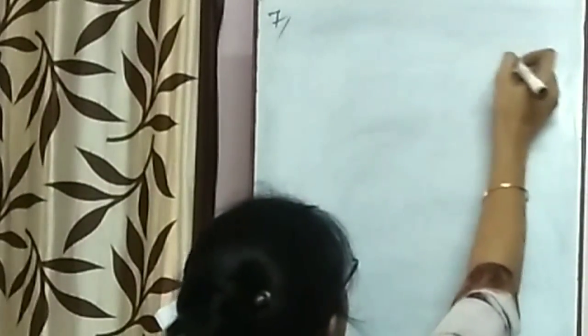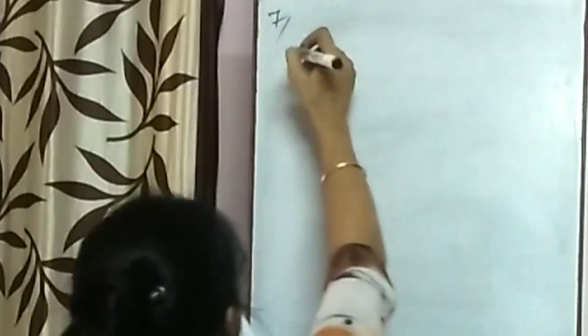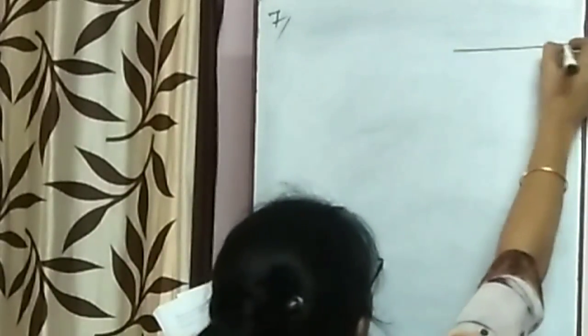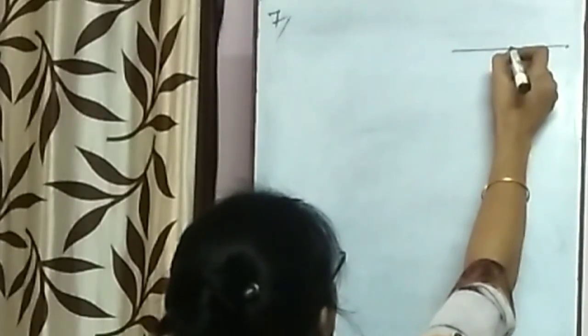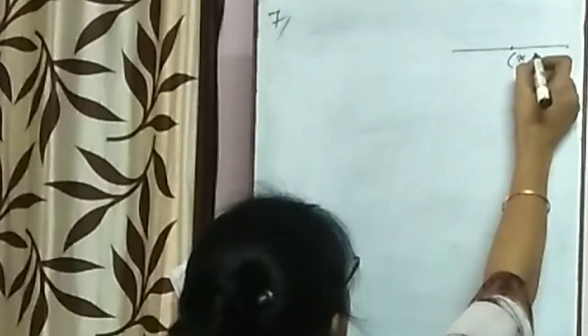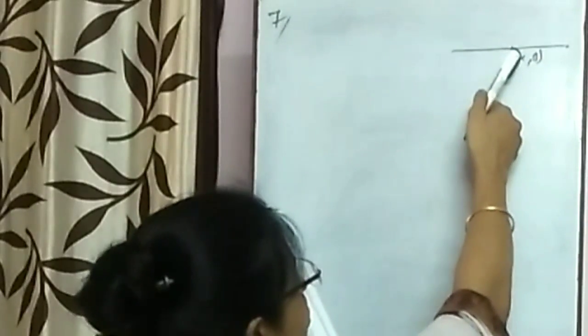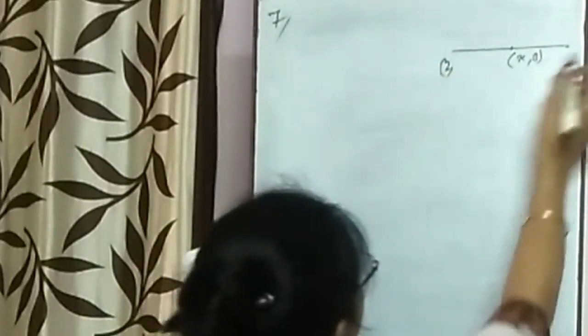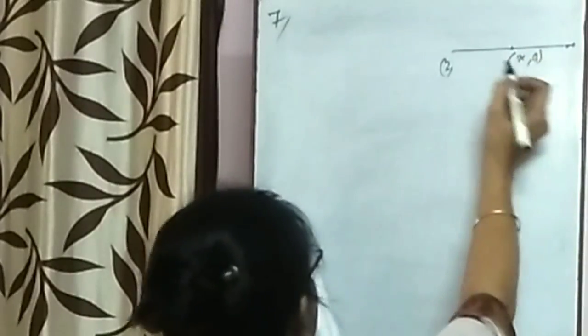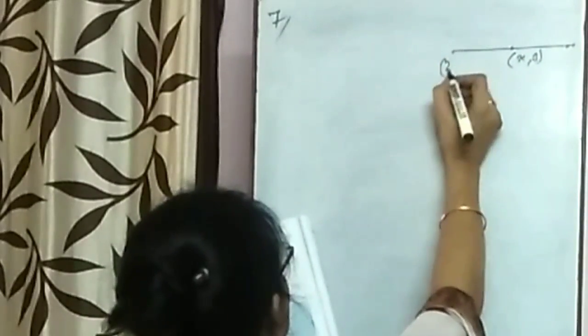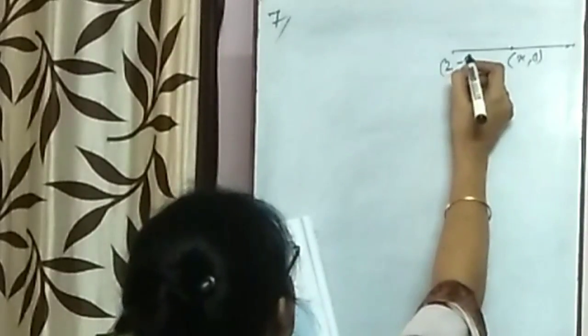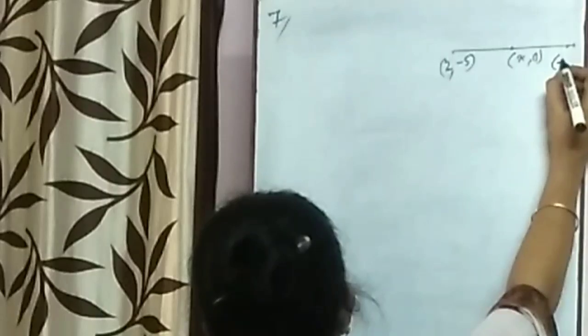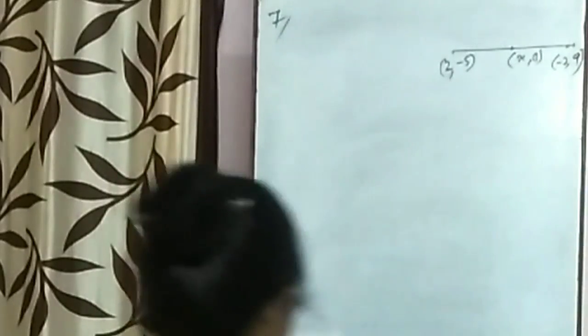Question number 7, I am showing you. Find the point on the x-axis which is equidistant from these 2 points. On the x-axis, while taking a point, as it is on the x-axis, earlier I told you this point can be named by x, 0, y coordinate 0, and it is said that this point is equidistant from these 2 given points, 2, minus 5 and minus 2, 9.